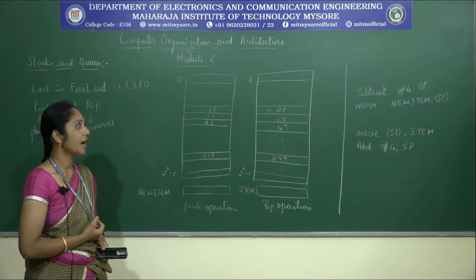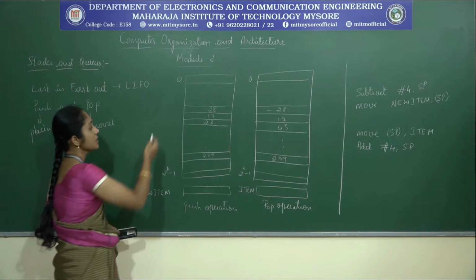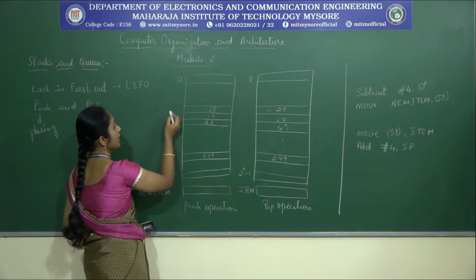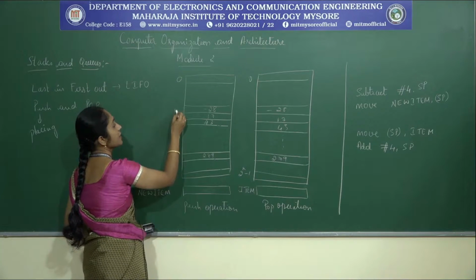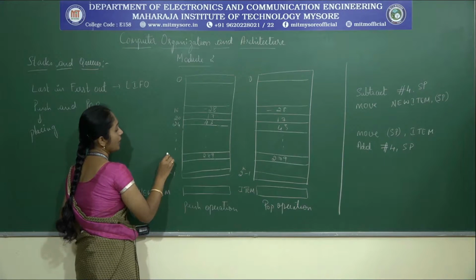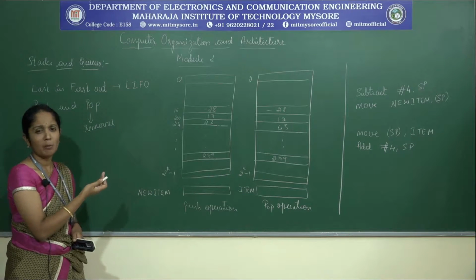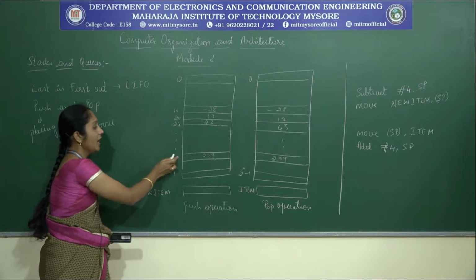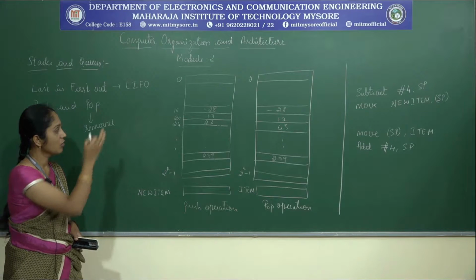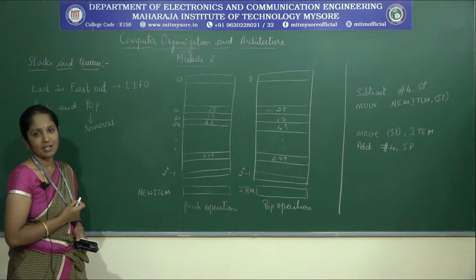Subtract 4 from the stack pointer, as we assumed. Let us consider this as 16, this as 20, this as 24, etc. Depending on the number of elements in the stack, this will have a certain address location. For the time being, let us consider we have 16, 20, 24 as the initial addresses.